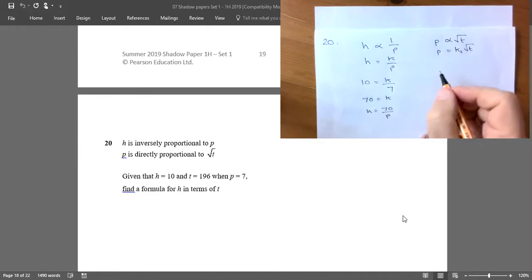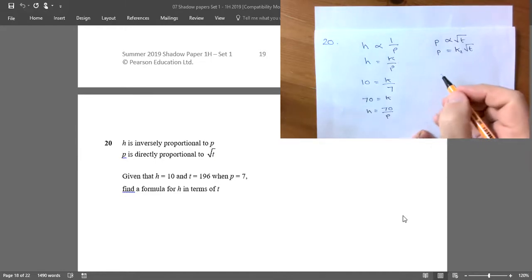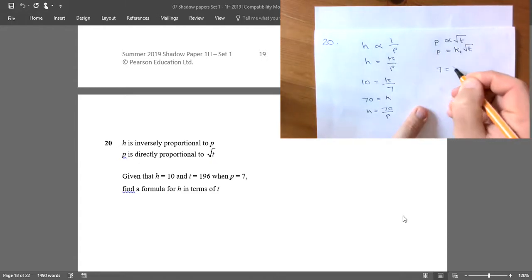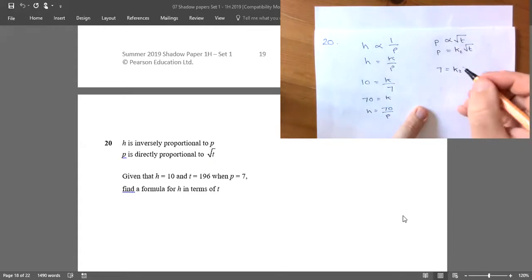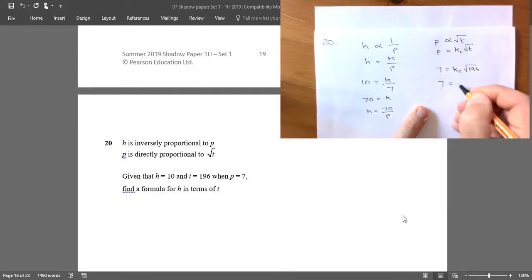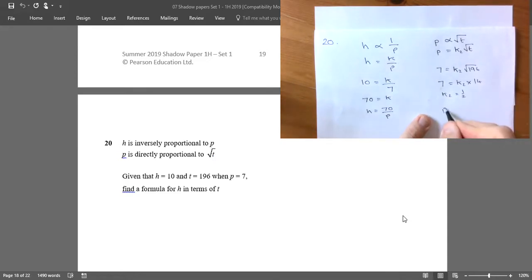On this side, when t is 196, p is 7, so 7 equals this second constant times the square root of 196. The square root of 196 is 14, so k2 is a half. So p equals a half root t.